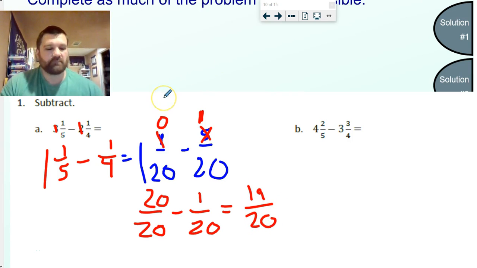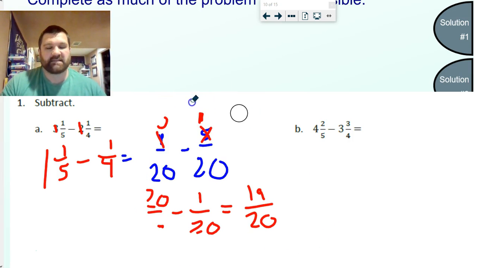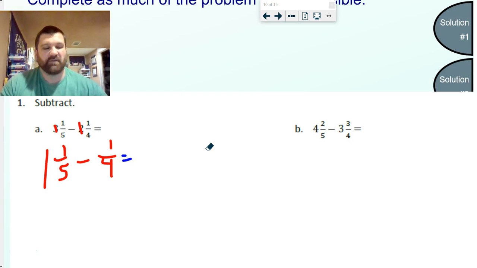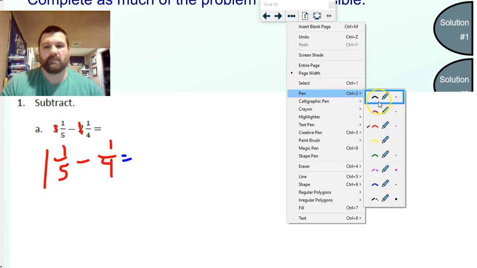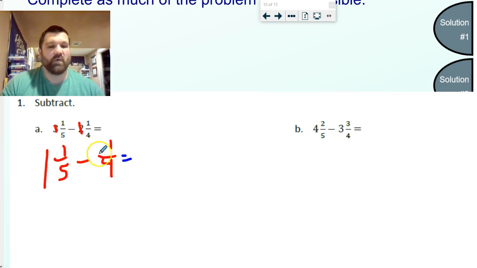Got it? The only other method that you could have done was if you get stuck and if it looks like it's not something you can do, remember, make it easy on yourself. So 1 minus 1/4 would be 3/4, and you add your 1/5 back. Okay, common denominators.